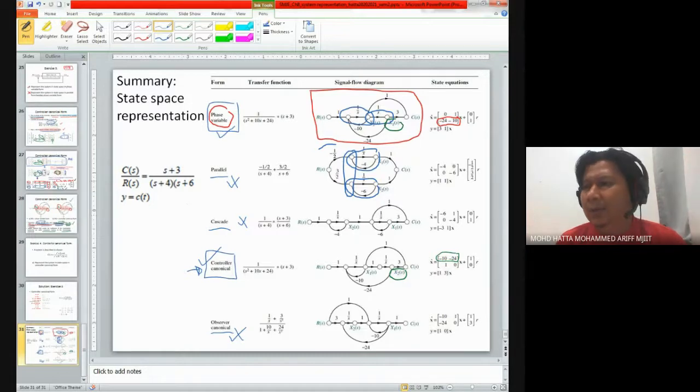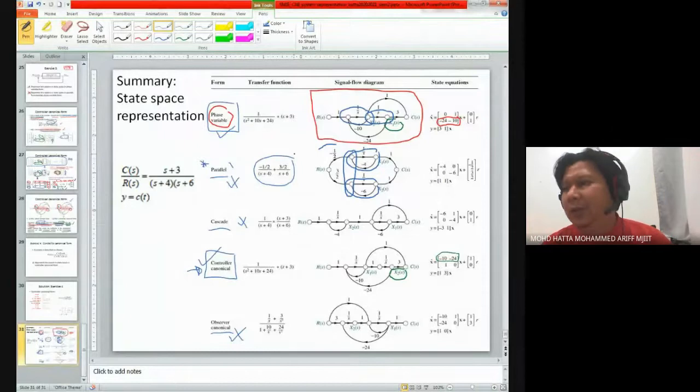In the sense that when we try to come up with a solution manually, maybe we would say parallel form is very useful, because in parallel form we write down our transfer function in a cascade, so that it's easier for us to find the solution in time domain manually.